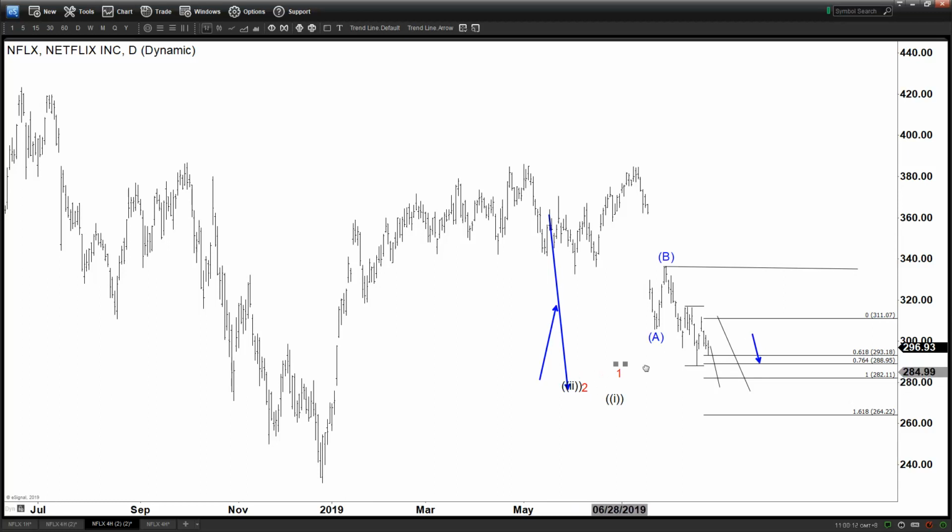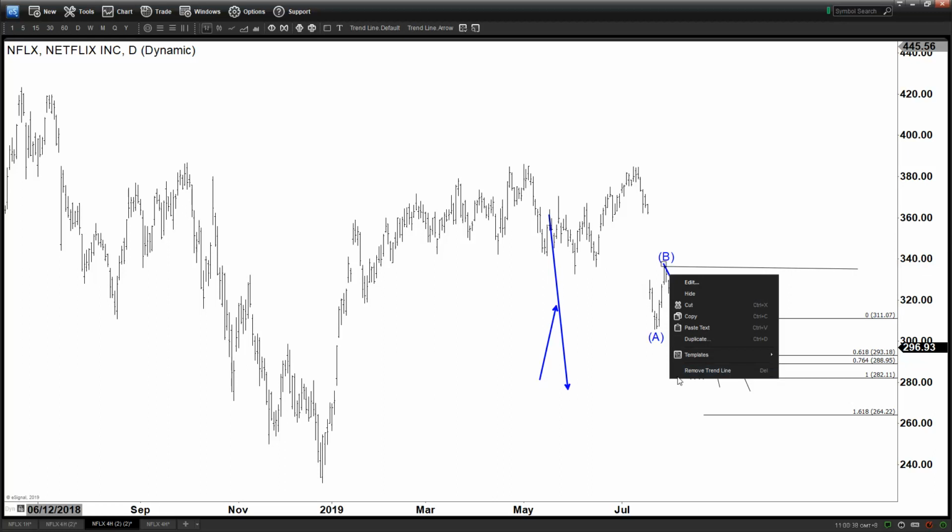So that's why I think this proposed count that we have is going to get validation, or better confirmation, if we really can break down and go below 282, right? Otherwise you can still say, well, it's a short C leg here, ending here, and then starts to go higher again, and so on, right? So that's the idea, guys, with the Netflix.